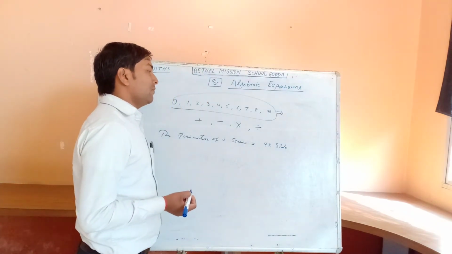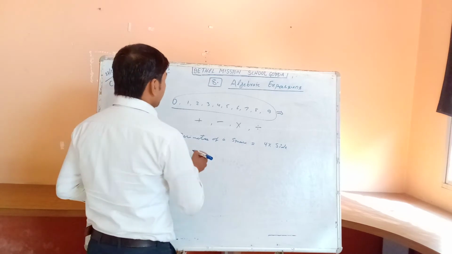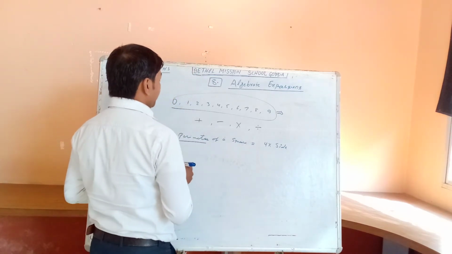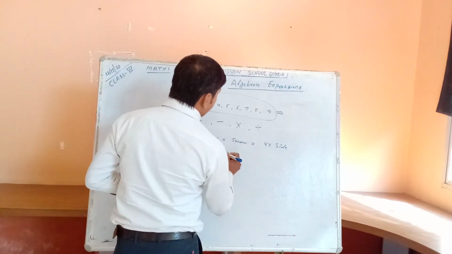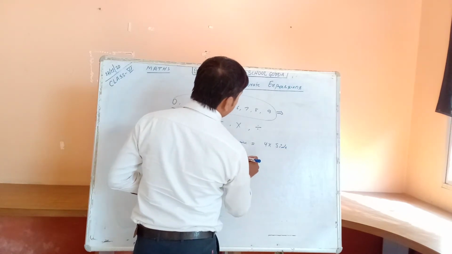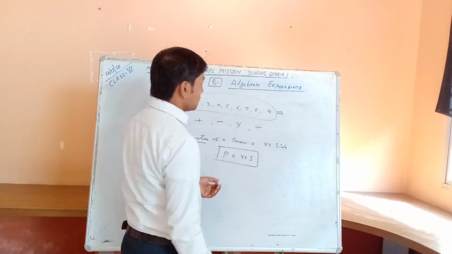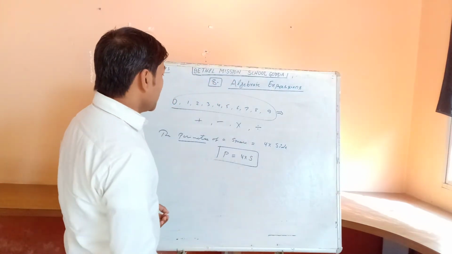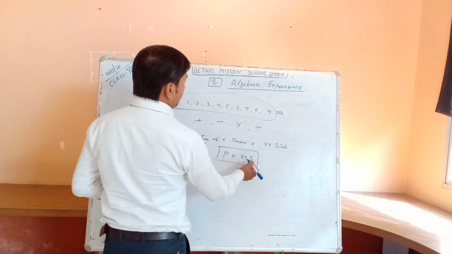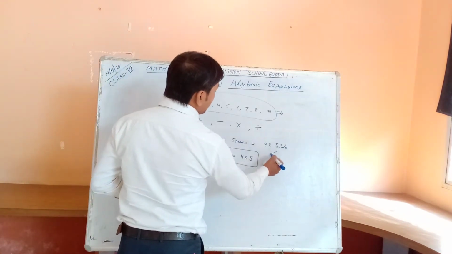Perimeter of a square equals 4 into side. If we denote perimeter as P and side as S, then 4 into S becomes a formula. So P equals 4 into S. P stands for perimeter, S stands for side.